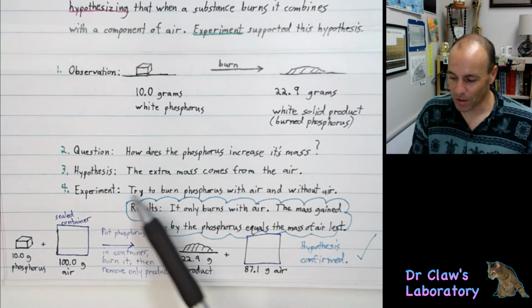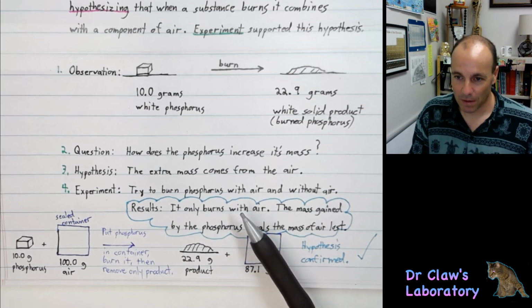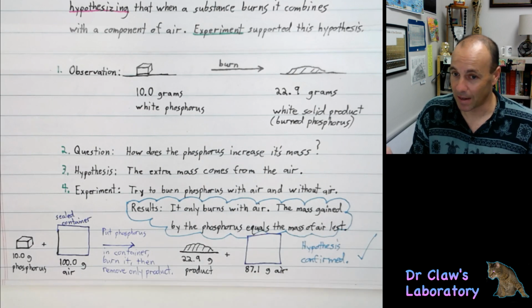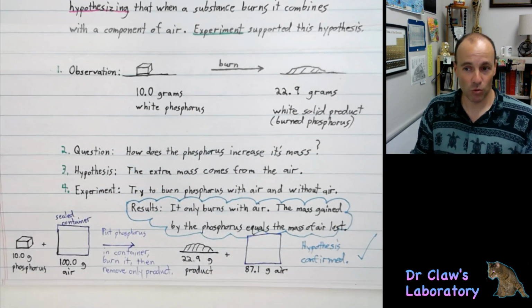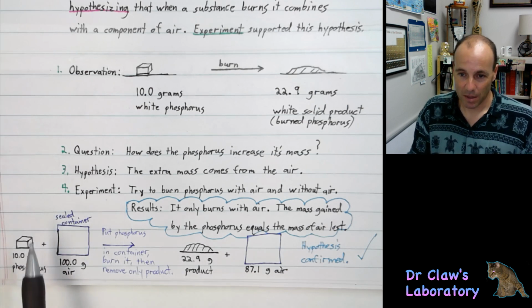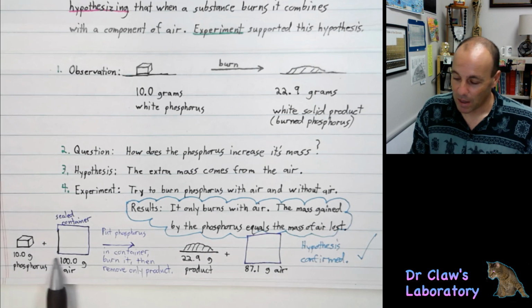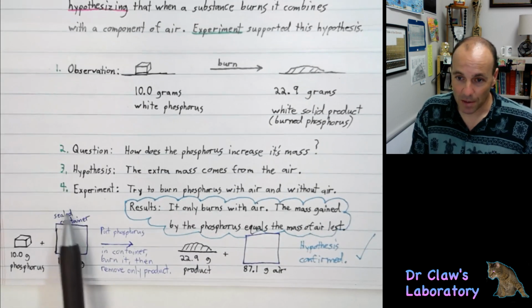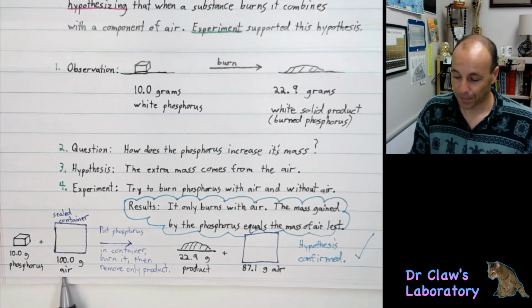He just figured out that air is necessary, but let's see if we can figure out that air supplies that exact amount of mass. So he does the experiment in a controlled environment. This is his procedure. He takes 10 grams of phosphorus, again, weighs this out. He has a sealed container containing 100 grams of air.